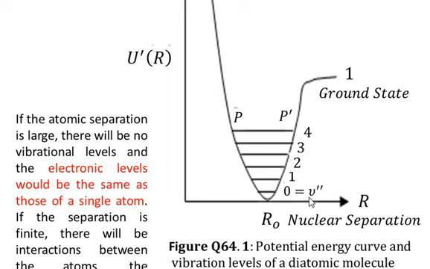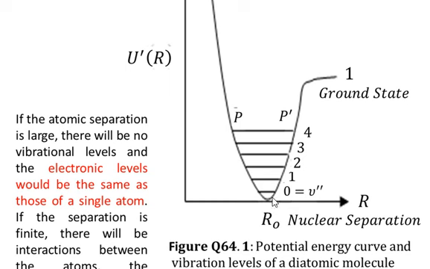In this way, the atoms attached through spring-like forces will sometimes have a distance greater than R naught, and when the spring compresses, it will be shorter than R naught. In both cases the atoms tend to come back to the equilibrium state R naught.